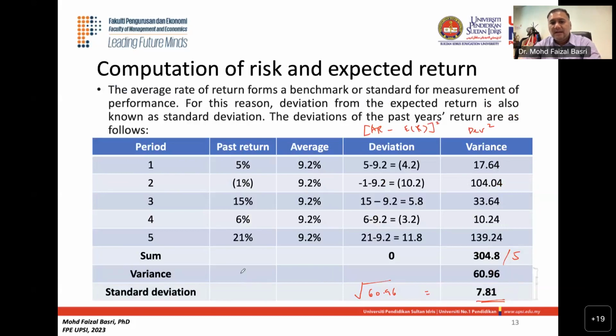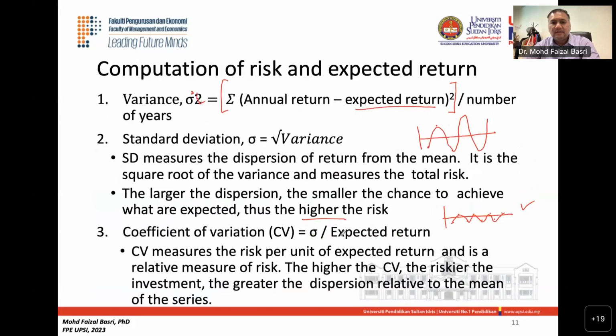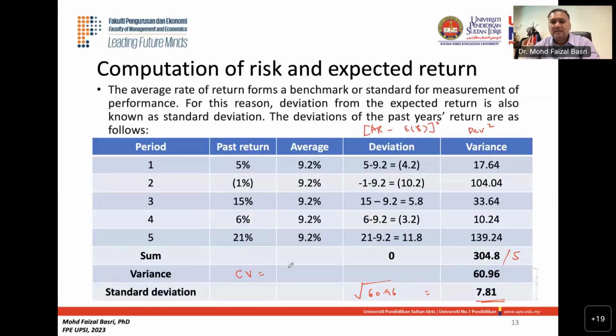And for the third one, if you want to calculate the coefficient of variation, you take the standard deviation divided by the ER. So our standard deviation is 7.81, and our average return is 9.2. So you get 8.85.